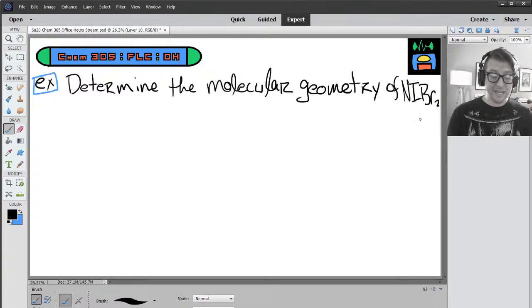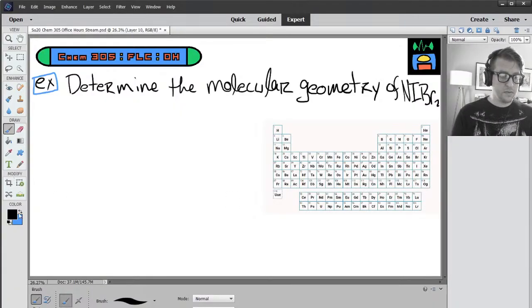All right, and this has to begin the same way the last problem did. So if we're going to determine the molecular geometry, we need the Lewis structure of this molecule.